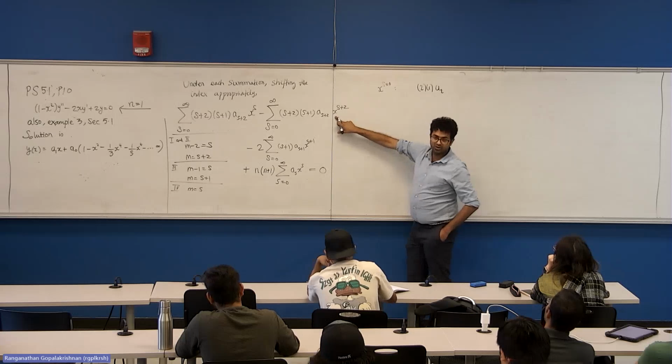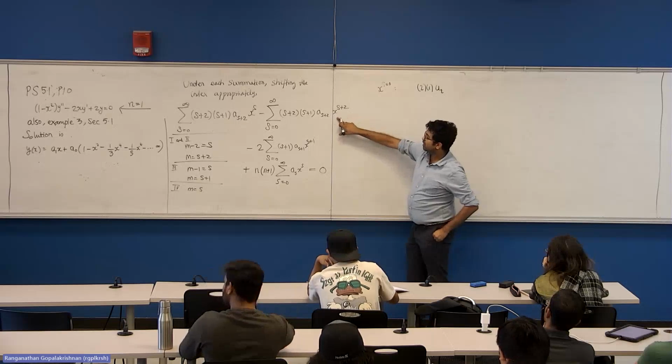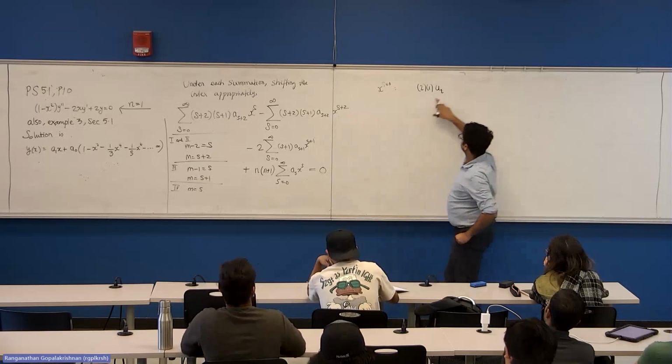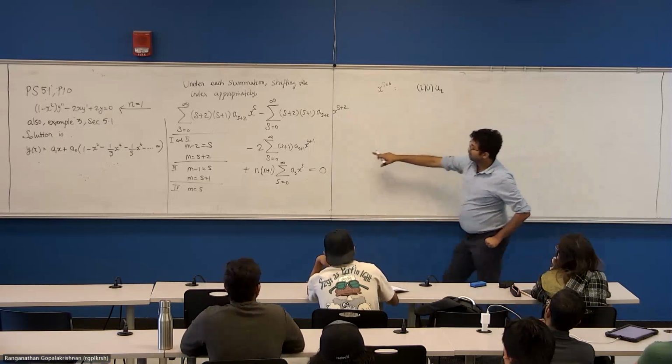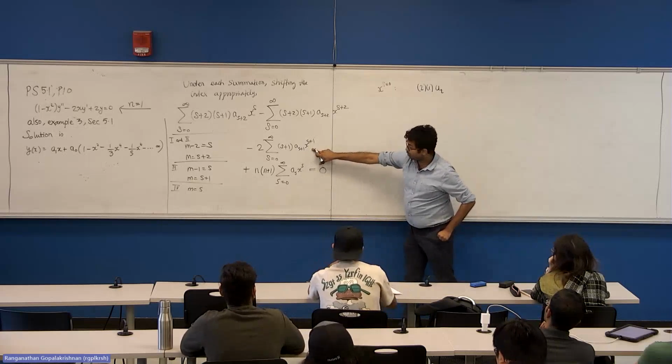It will start only at x squared because s takes values of 0, 1, 2 and so on. So it can only have a minimum of x squared. It will never have x power 0, so it doesn't contribute to this. Similar argument, this will start at x power 1. It will not contribute.